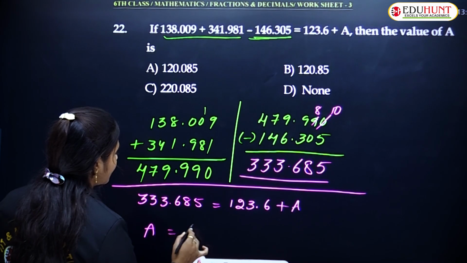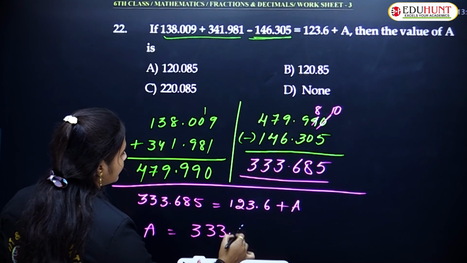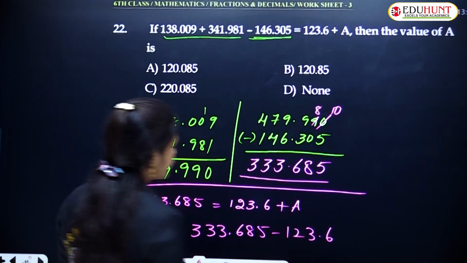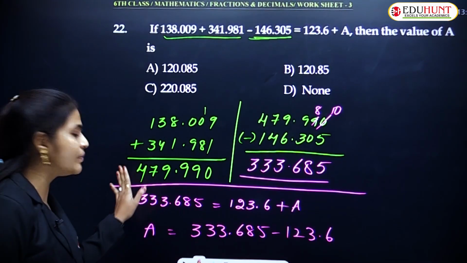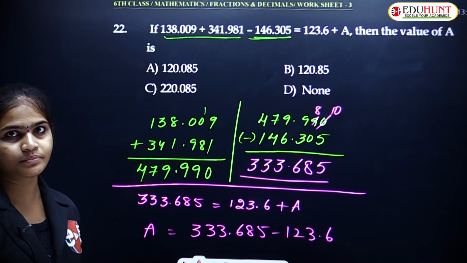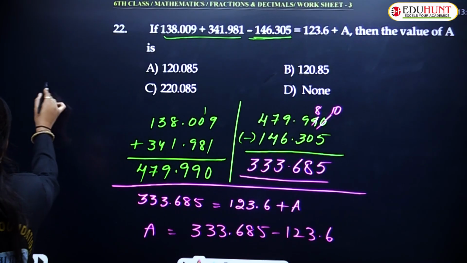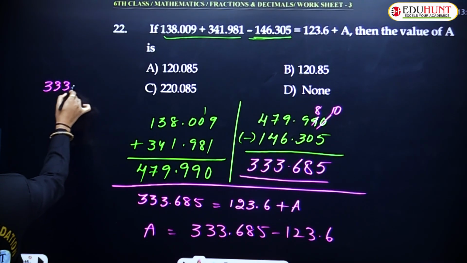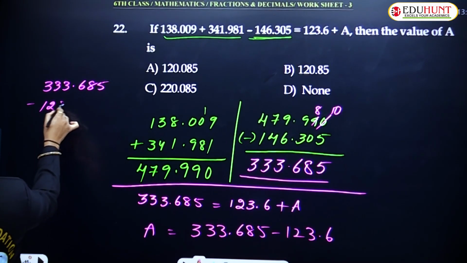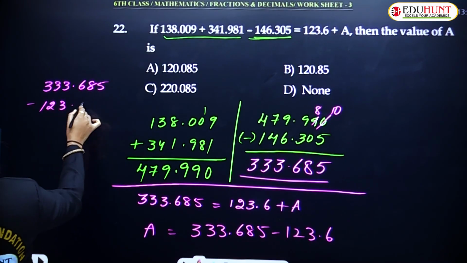From this we need to find the value of A. So A is equal to 333.685 minus 123.6. Just subtract this number from 333.685, then you will get the A value. Understand? Just see, 333.685 minus 123.6.